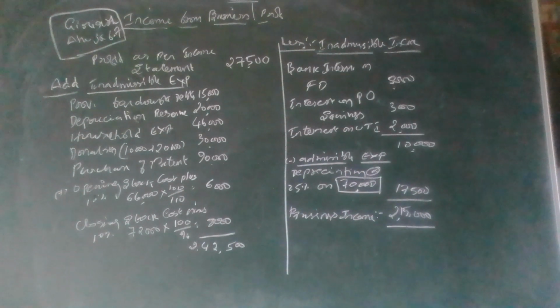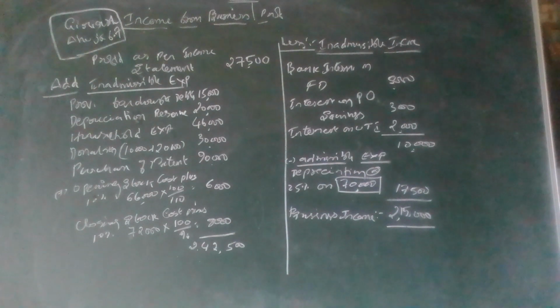Then closing stock. Let us imagine the same old example. Closing stock is taken in the credit side. Credit side minus debit side, you are getting the profit. If that credit side is increased, your profit will increase. Whereas here, that credit side is cost minus, that is undervalued.